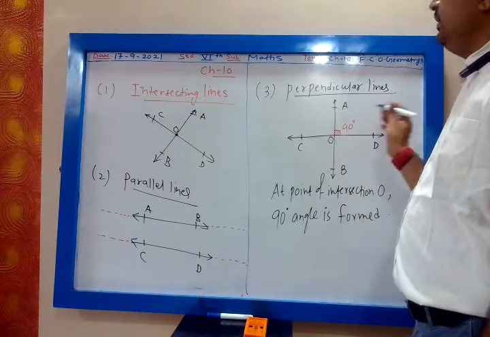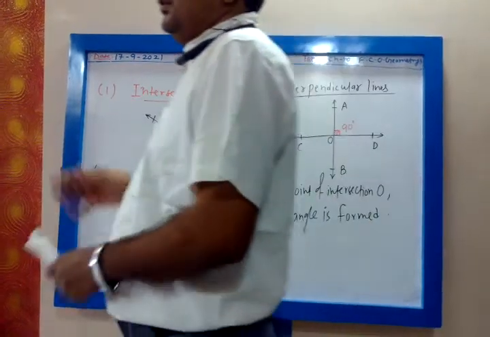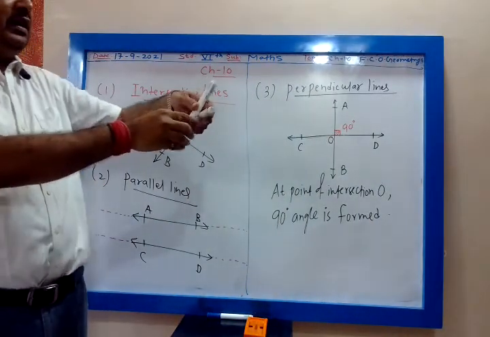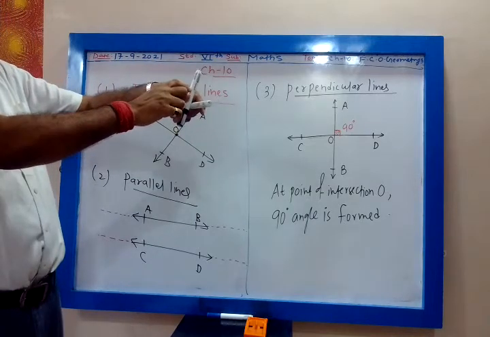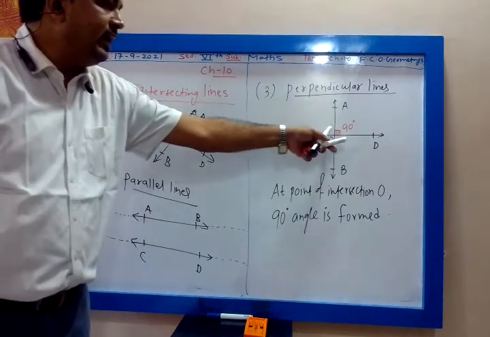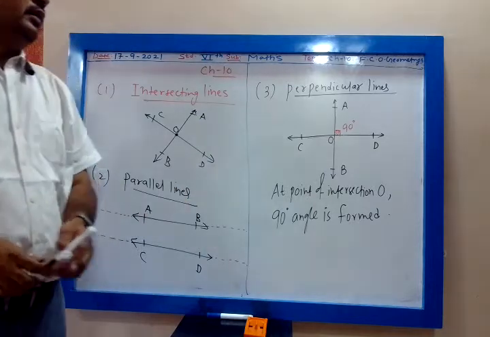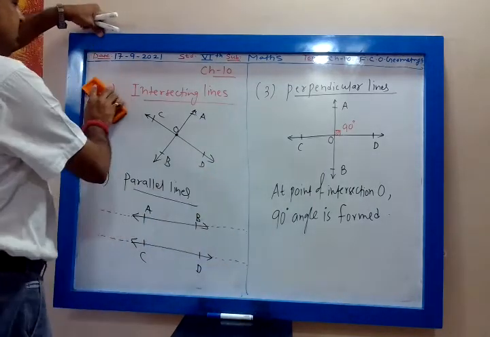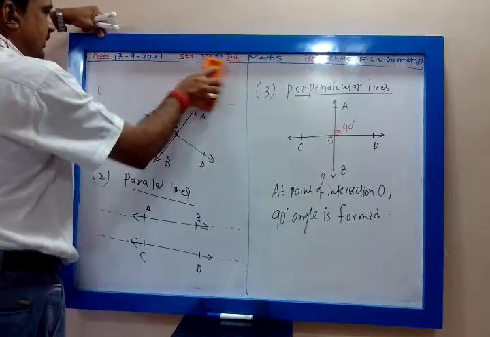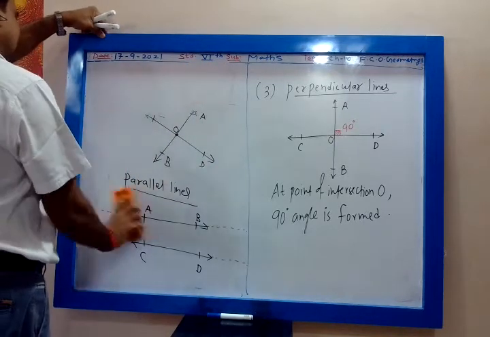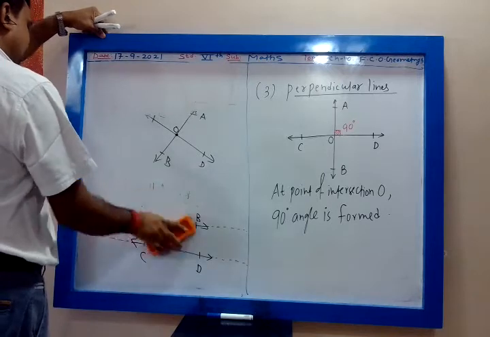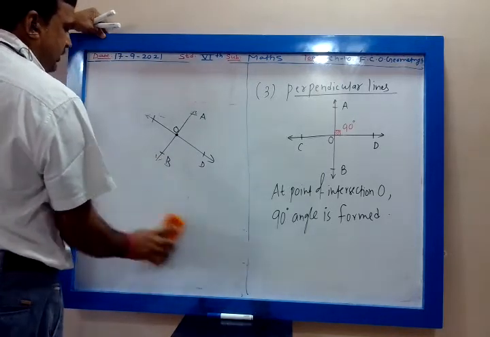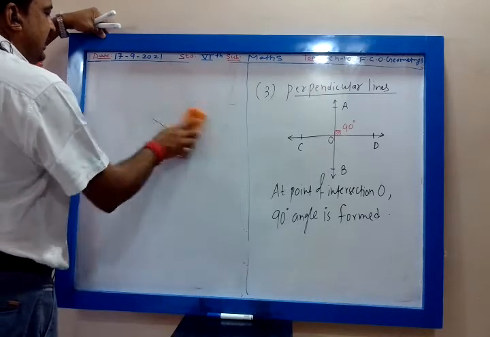Then the lines are perpendicular lines. So two lines are perpendicular lines if they intersect each other at a common point O, and at O a 90-degree angle is formed. Okay, so two lines are perpendicular if they are intersecting lines, and at the point of intersection a 90-degree angle is formed.